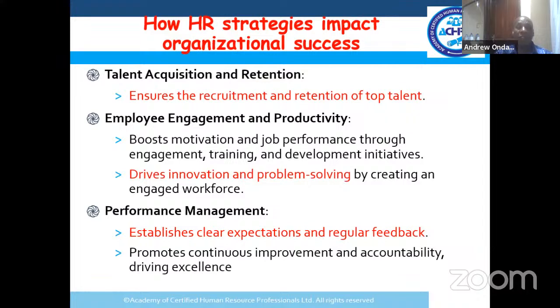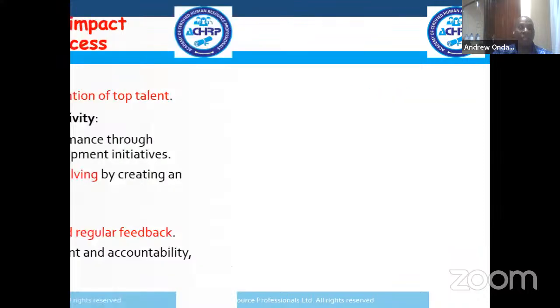If we give our employees challenging targets, then they are likely to achieve higher levels of excellence. So in measuring performance, we will be looking at the degree to which the employees have achieved or surpassed expectations. And that will help an organization to succeed, especially in terms of production of goods and services that brings revenue to an organization.